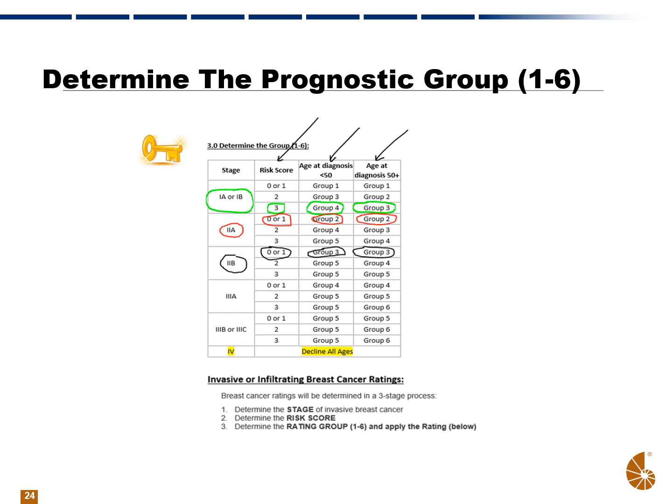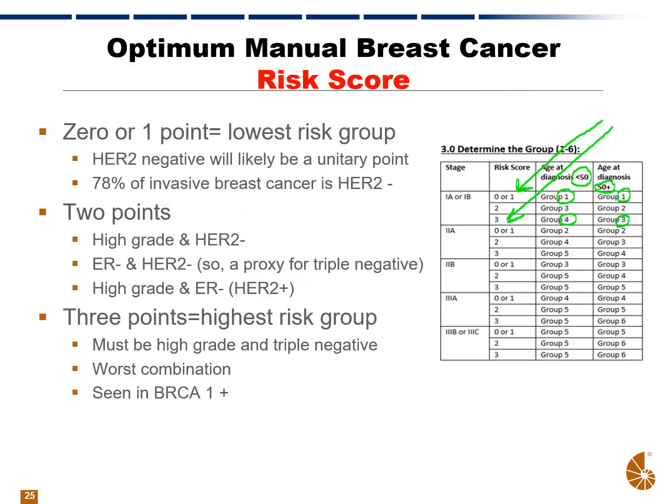And if we had a particular case to go over, we could show that obviously the higher the risk score, the higher the rating is going to be, even within the same stage. So as I said, it makes a big difference what the risk score is.